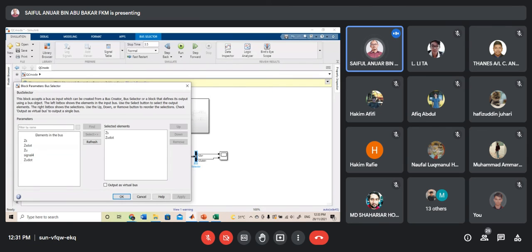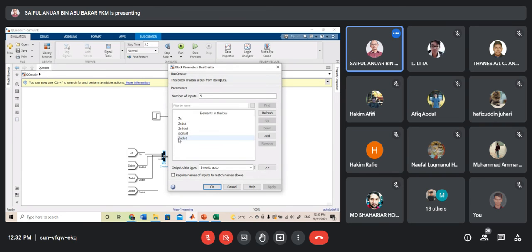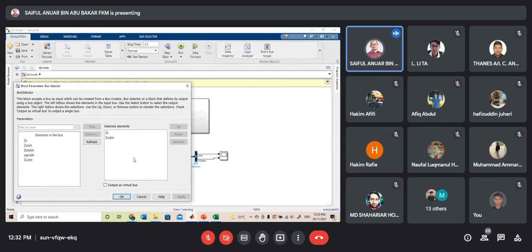We need to reselect everything. So ZS. So kita select lah balik.